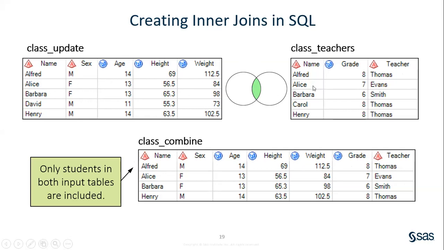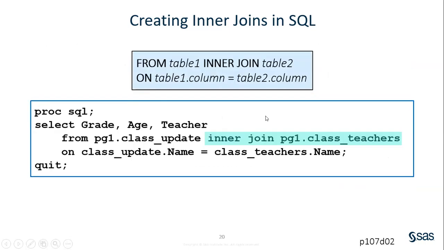Same goes with Barbara, Alice. Now Carol is not in this table, so that will not come here, but Henry is in both the tables, so it's coming here. So only students in both input tables are included. This type of joining, where it joins both tables but only matching rows are selected, is called inner join. You use this syntax in the from clause.